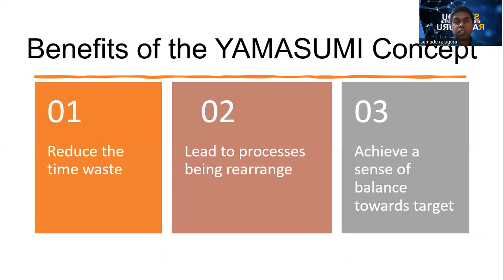By doing those things, we can reduce, combine, or eliminate some non-value adding activities. Then we can focus on the value adding activities, and we can enhance them by reducing the bursts, by enhancing the morale, by enhancing the confidence level of the operator, if not by introducing innovations. This is the basic concept of the Yamazumi chart.